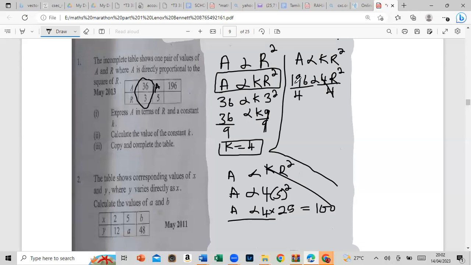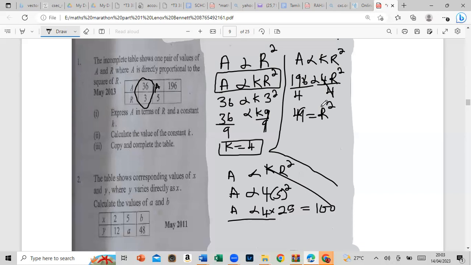4 into 196: 4 times 4 is 16, that leaves 3, and then 4 into 36 is 9. So that is equal to R squared.